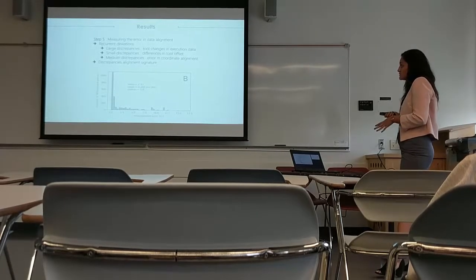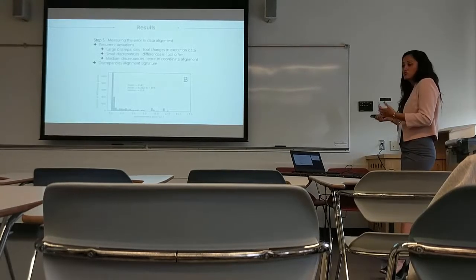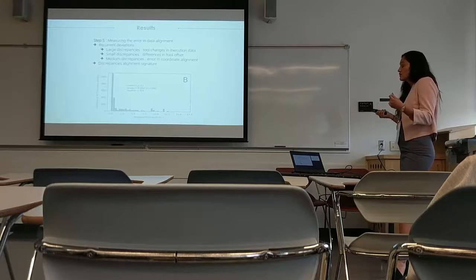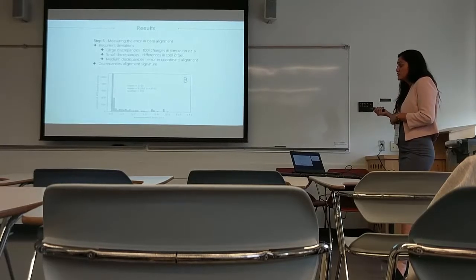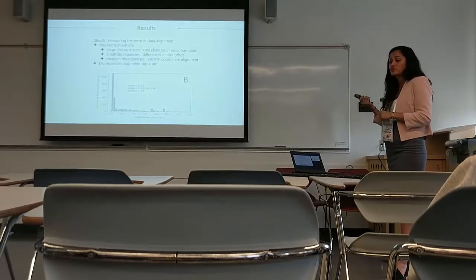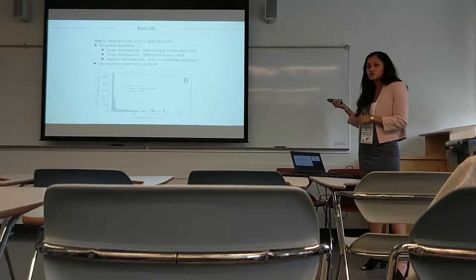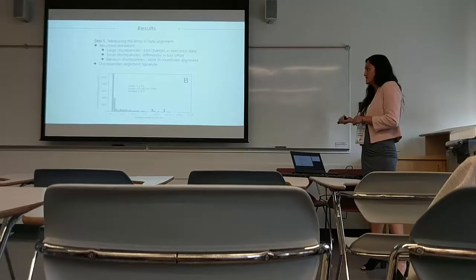And all the medium discrepancies here are either around the coordinates or other discrepancies that can be due to either tool wear or other physical problems. So that might have a signature that we want to investigate later.